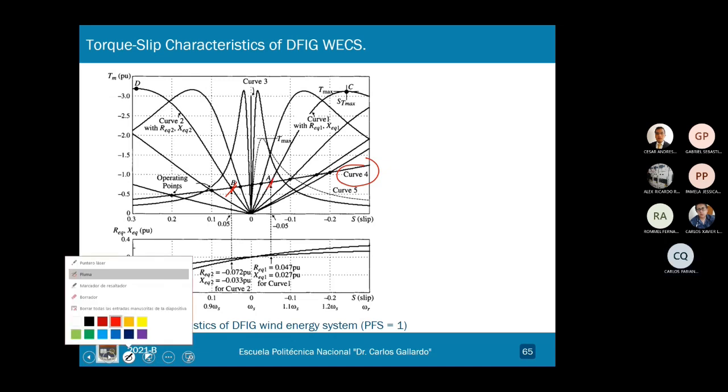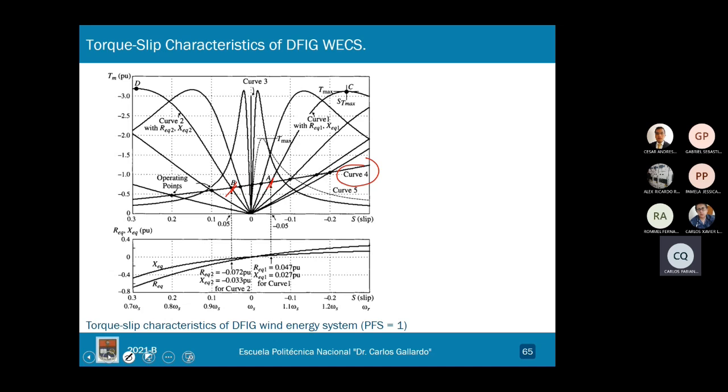So let's look at the operating point, the intersection point A. Curve 4 is intersecting with curve 1. This is the curve 1, and this is the intersection point.